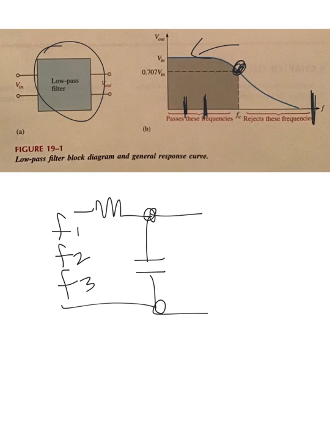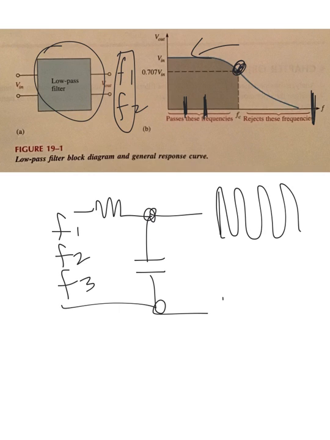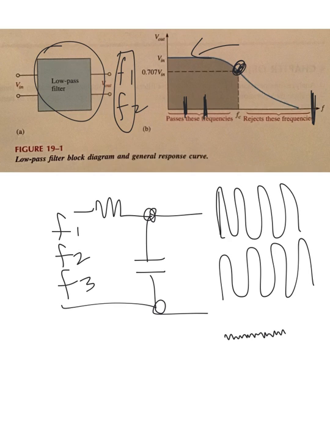Well, F3's clear out of luck, because at the output here, we would find F1 coming out and frequency 2 coming out. F3 would be attenuated. So if we were looking at a sine wave, F1 would come out, F2 would come out, and F3 would be extremely small coming out of this filter. And that's what a filter can do for you.